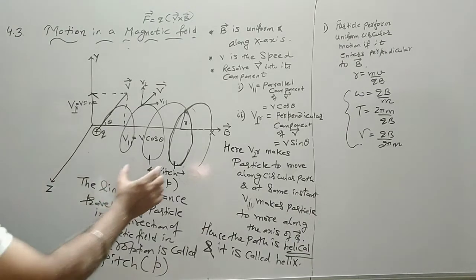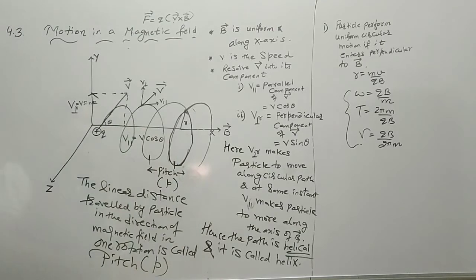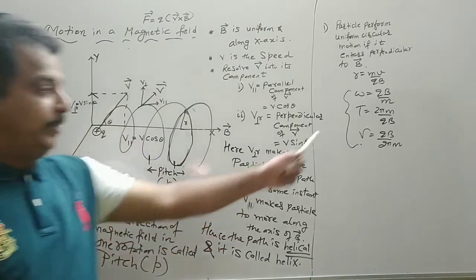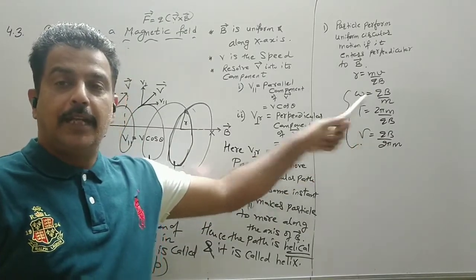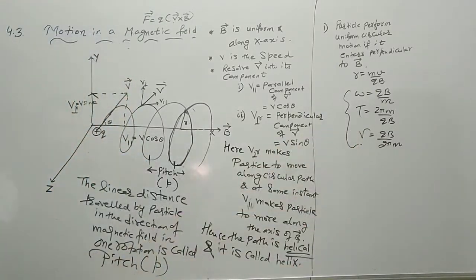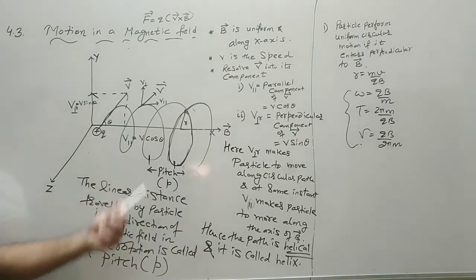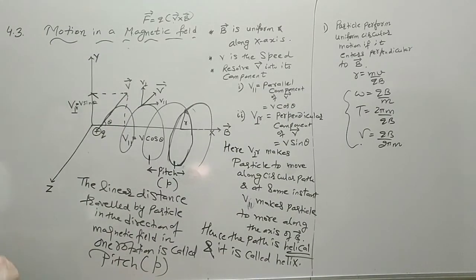So this is a pitch. This is one complete rotation of a particle, so after one complete rotation, it will move forward. So in periodic time, capital T, the linear displacement is called pitch. Now what will be the formula for a pitch?